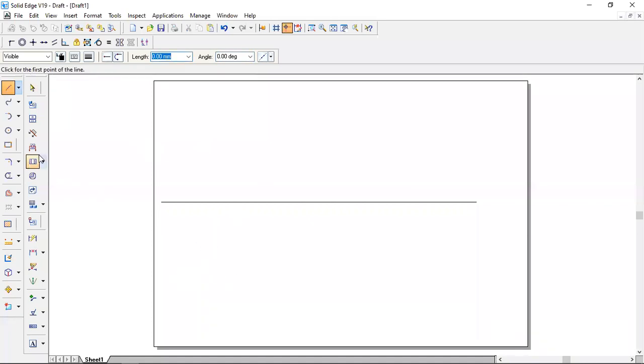The square can be drawn using this pattern. What is the square side? 35, right? So the width is 35 and the height is also 35.